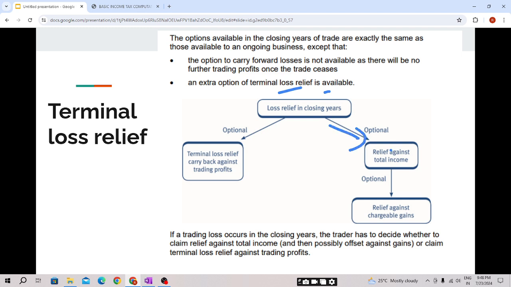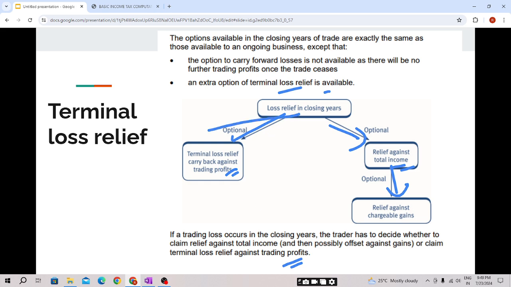So the option was relief against total income, chargeable gain, or terminal loss relief by carry back against trading profit. If a trading loss occurs in the closing years, the trader can decide whether to claim relief against total income and then possibly offset against gains, or claim terminal loss relief against trading profit.